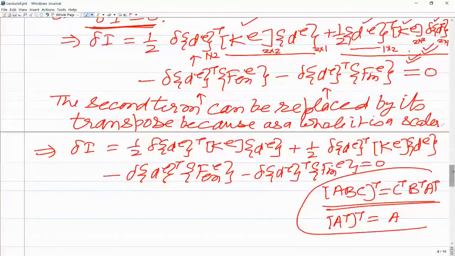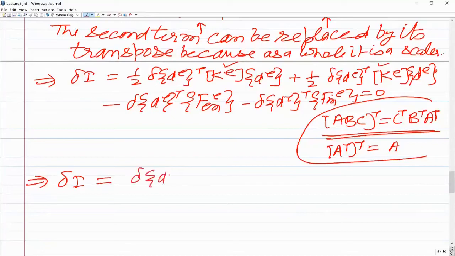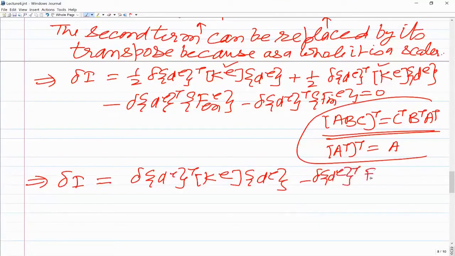Now, once we have done this, we can write delta I equal to, now these two terms are exactly the same, so we can combine them. The half plus half will go, so we'll have delta of D transpose into KE into DE, minus delta of D transpose into F external for the element, minus delta of D transpose into F internal for the element is equal to 0.